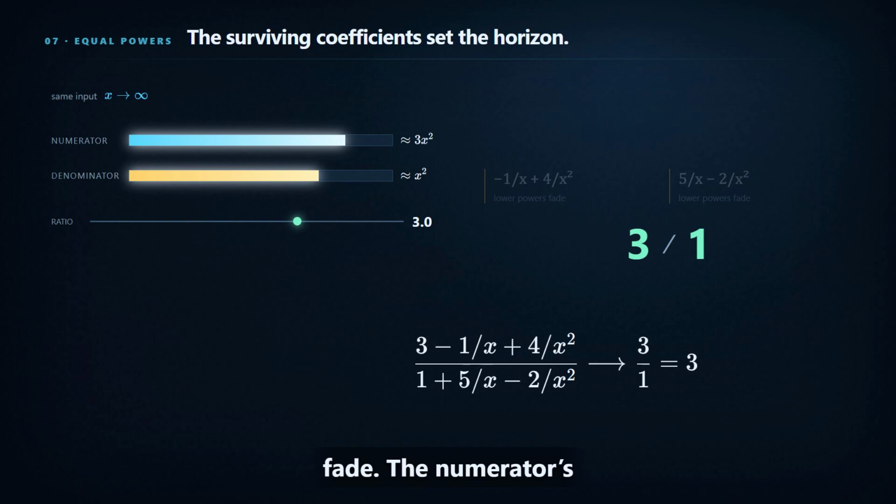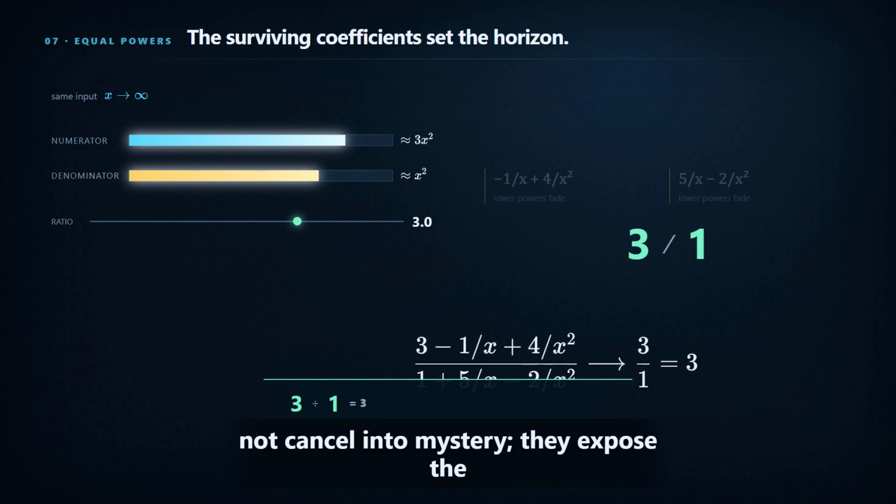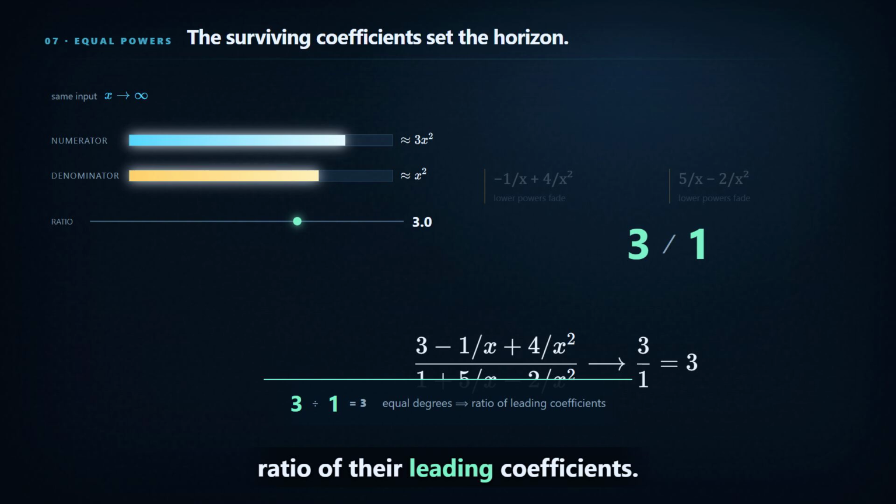The numerator's surviving coefficient is 3. The denominator's is 1. The ratio approaches 3. Equal powers do not cancel into mystery. They expose the ratio of their leading coefficients.